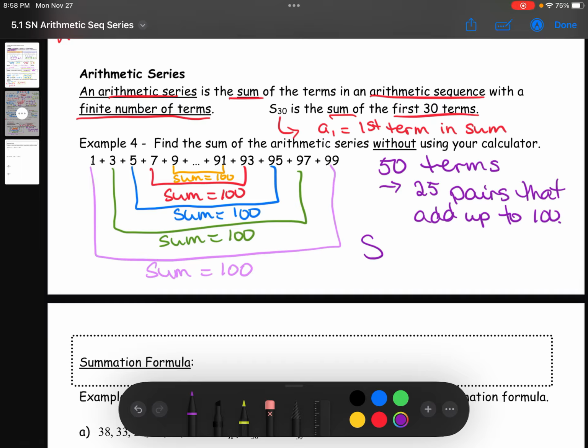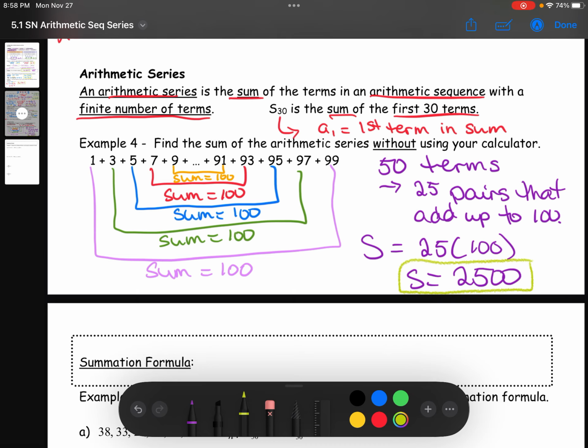So the sum of those terms is the 25 pairs times 100, and that sum is 2,500. Wasn't that a lot better than trying to punch all those buttons in your calculator? Because again, you're going to mess up. I'm going to mess up. It's going to be a big yucky mess.